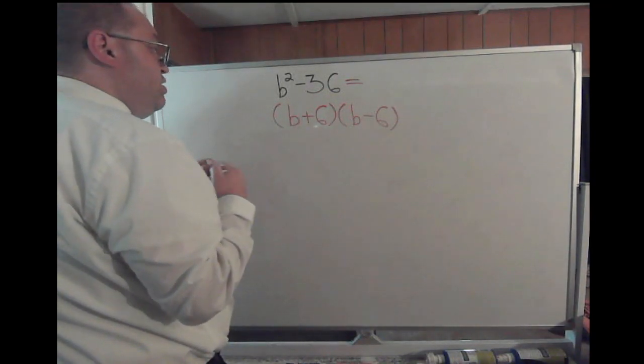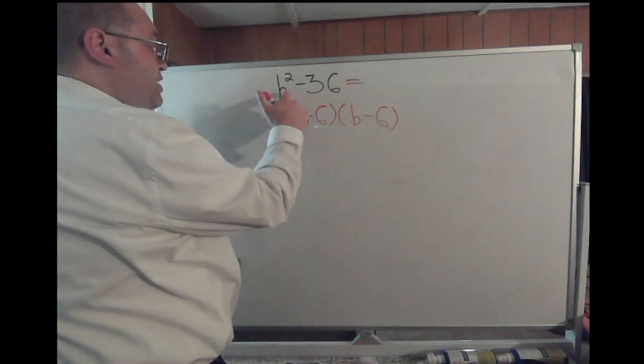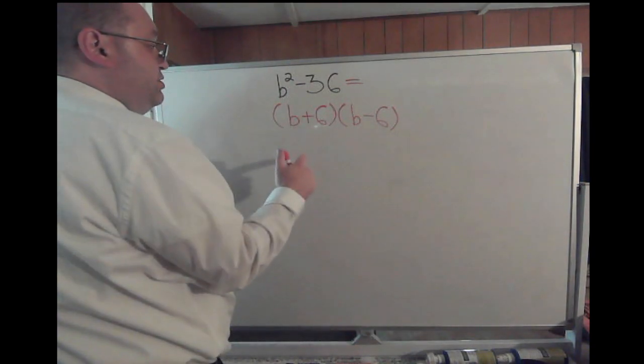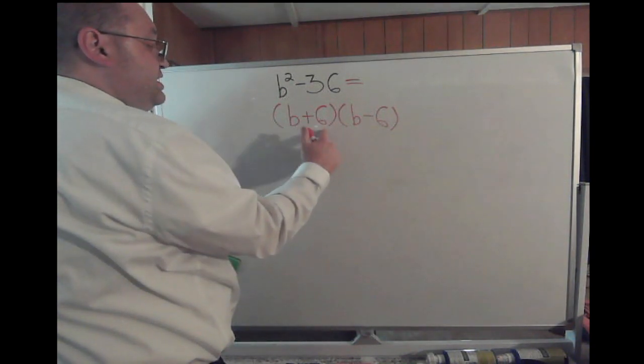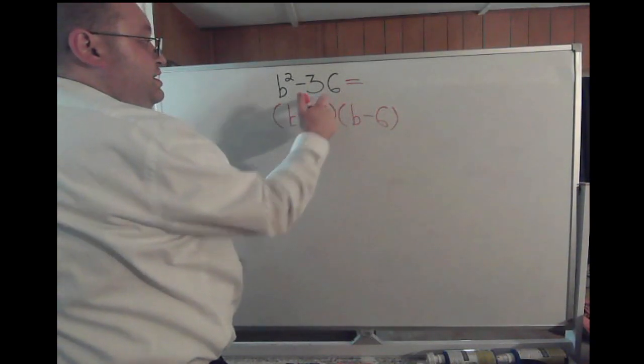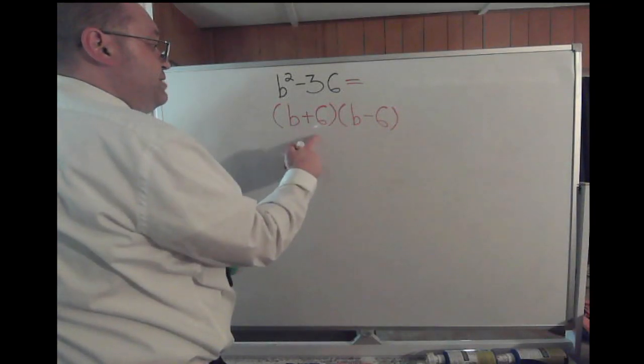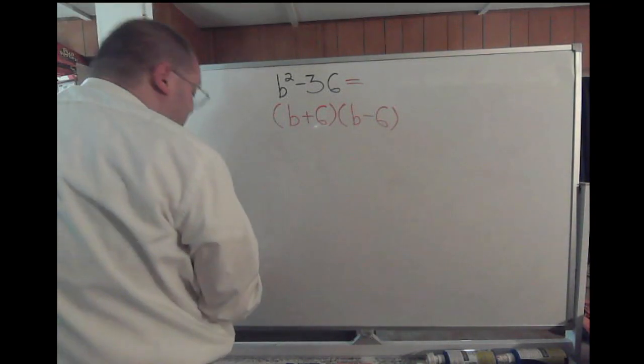So when you have the difference of two squares, you take the square root of the variable, then plus or minus the square root of the number that's present. So you get b plus 6 times b minus 6.